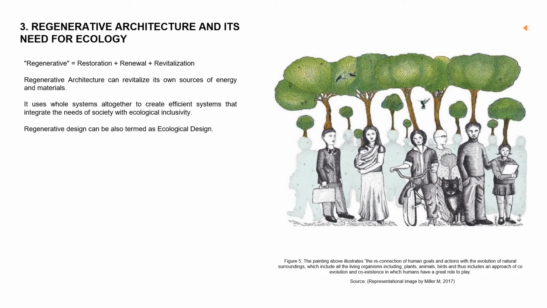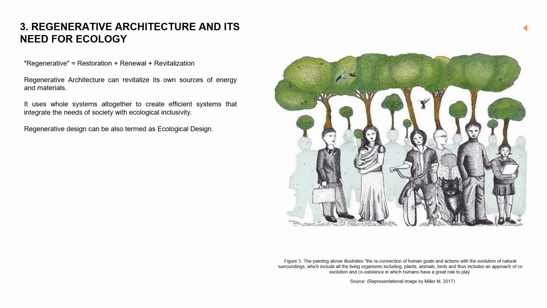Now we may explain regenerative architecture and its need for ecology. The term regenerative comprises restoration, renewal or revitalization, and regenerative architecture is defined as an architecture that can revitalize its own sources of energy and materials, and it uses a whole system altogether to create an efficient system that may integrate the needs of society with ecological inclusivity.